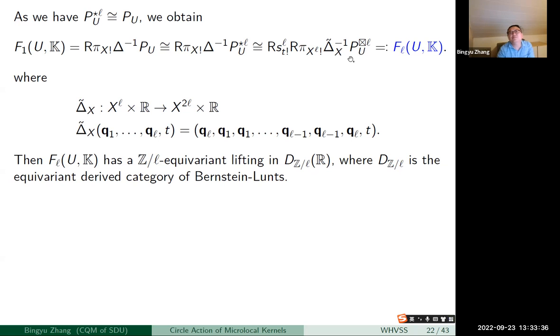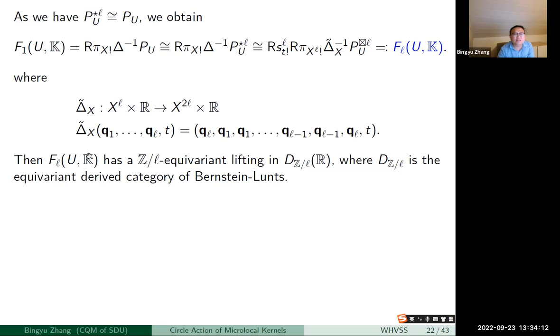This is given by the external product of PU, and then we multiply by a twisted diagonal and take some integral. This twisted diagonal is given by a formula here, and it means that we will see that the microsupport of PU boxed with itself is just several copies of the Reeb flow, and so again it means that we obtain some kind of a Reeb flow, but in a discrete way.